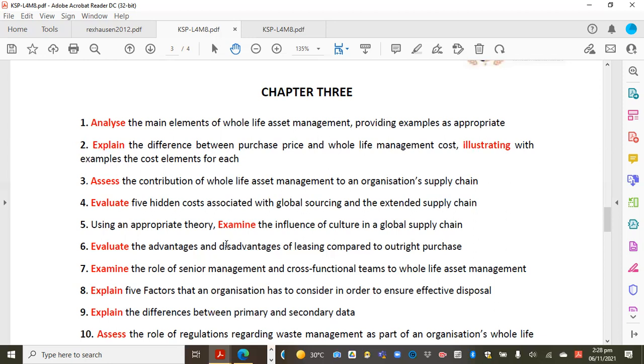You don't pay the full value of the asset or the item you are buying. So in the short term, leasing will be very beneficial. The initial capital requirement is low.